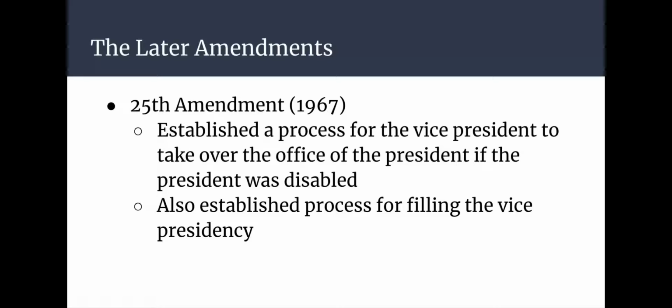The 25th Amendment allows for the vice president to take over the role of the president if they're incapable of the duties of the office. It also established a process for filling the vice presidency as well.